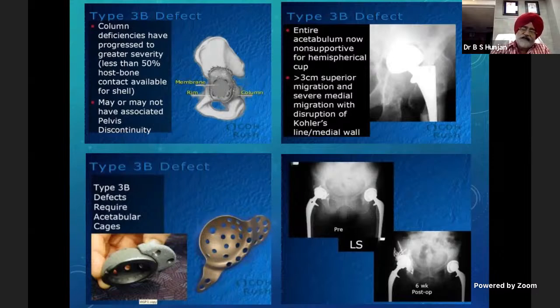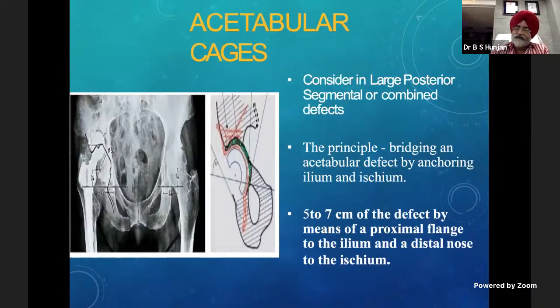You see, this is the acetabular cage, and this is the augment which is fixed to the cup to address the defect. Now, something about acetabular cages. The acetabular cage is considered in large posterior segmental or combined defects. The principle is that we bridge the acetabular defect by anchoring the ilium with the ischium.